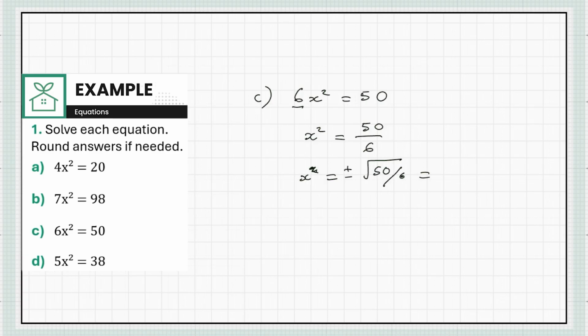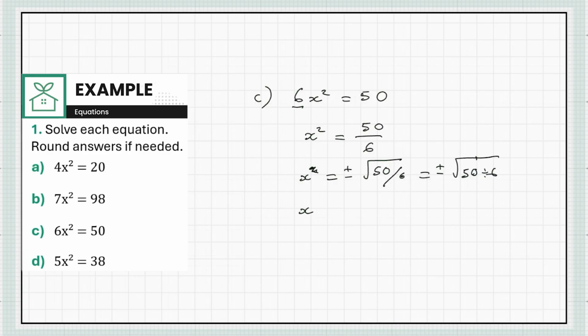You can also write this as plus or minus the square root of 50 divided by 6. It just has to be resolved before we do the square root. And most calculators will do this automatically, but you may need to put in 50 divided by 6 and take the square root of the answer.